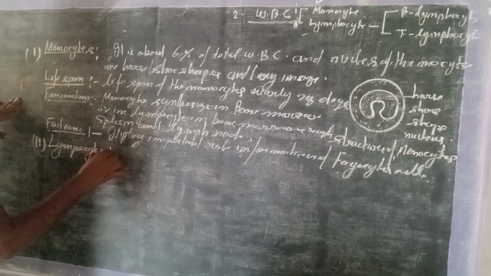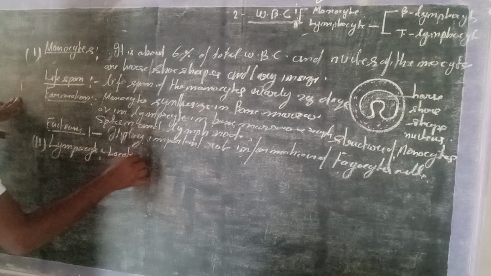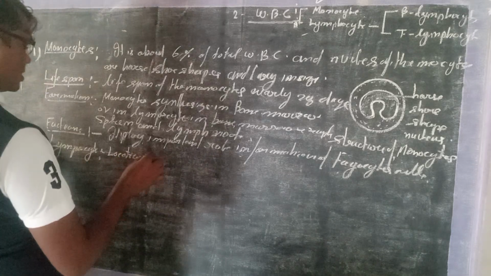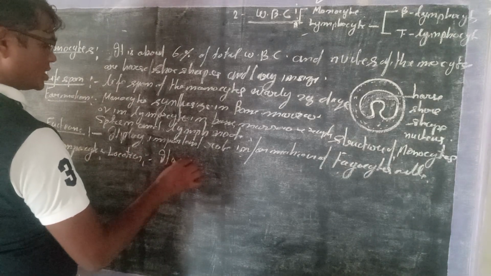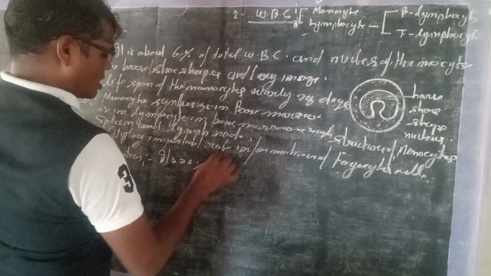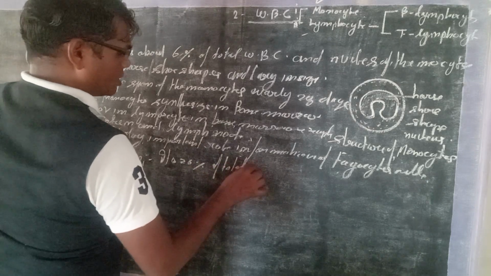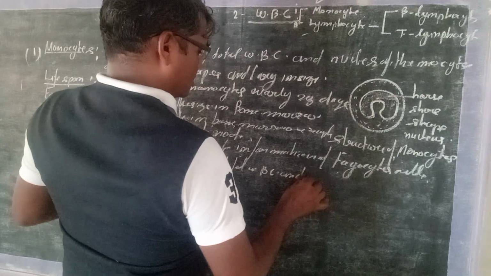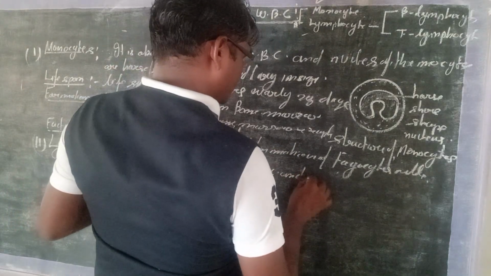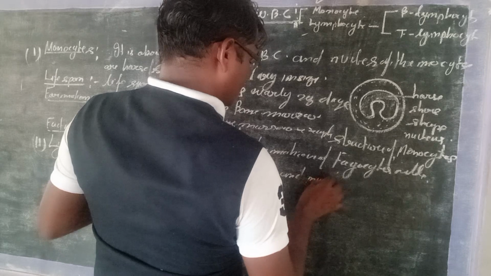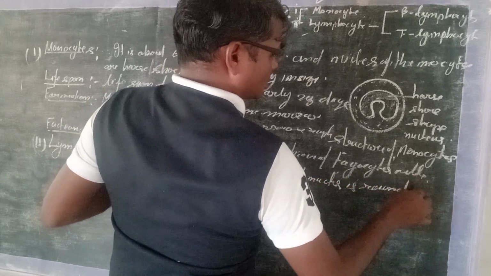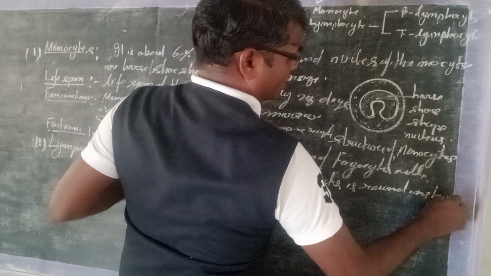Now the lymphocytes. They are 26% of total WBC, and the nucleus is round in shape.